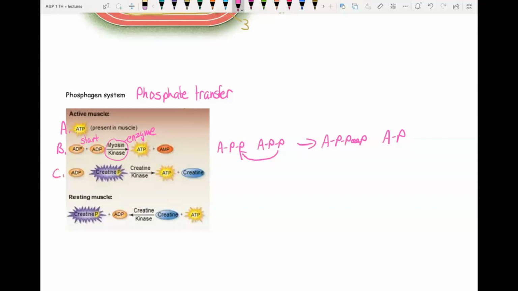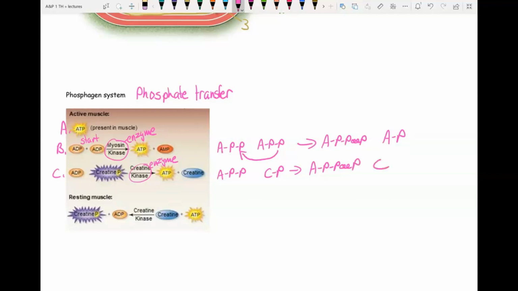Our third one is ADP. So we're going to have an adenosine with 2 phosphates, then creatine phosphate. Then this enzyme, creatine kinase, comes along, and then you have an ATP and just creatine by itself.